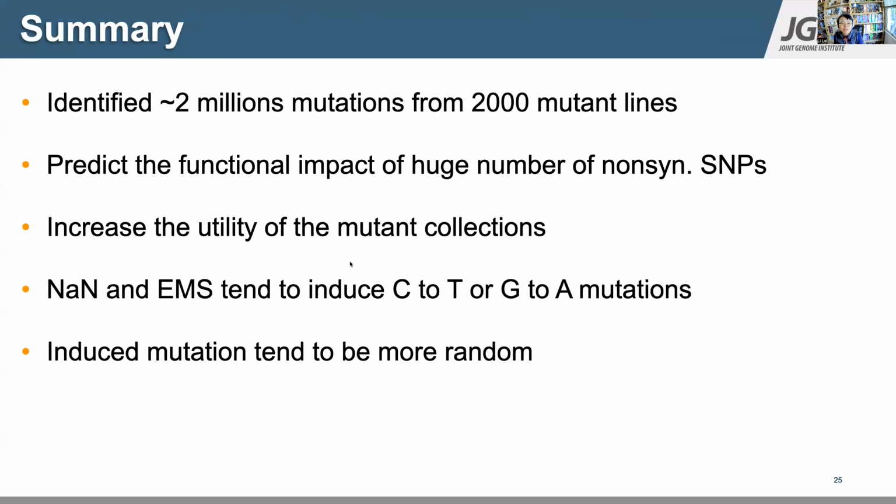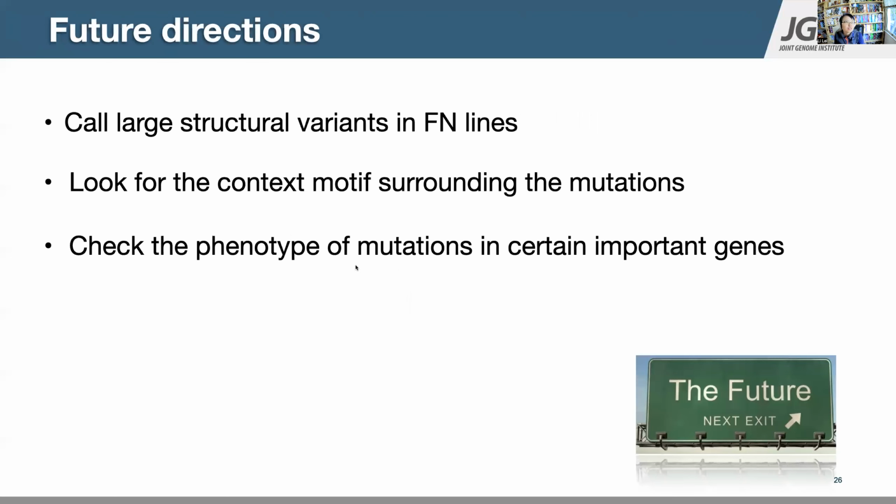Also, the EMS tends to induce C to T or G to A mutations. Induced mutations tend to be more random compared with naturally occurring mutations. In the future, we will collect structural variants in fast neutron lines and look for the context motif surrounding the mutations. We will check the phenotype of mutations in certain important genes.